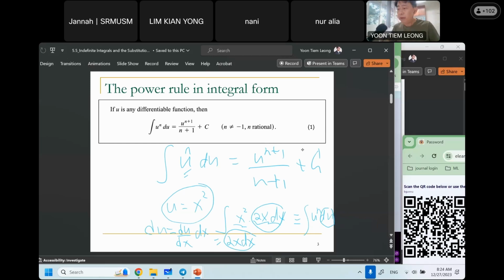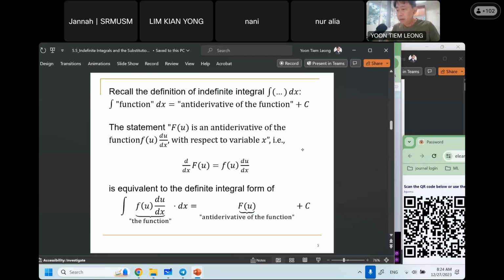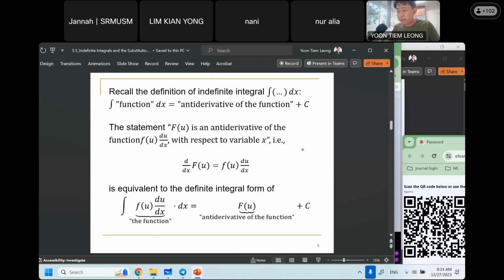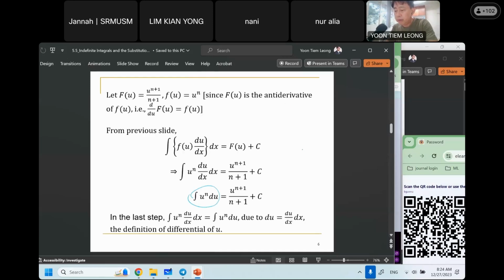So first of all, I would like to derive the power rule. These are the derivations of the power rule in integral form. Finally, we'll arrive at this very simple relationship that u to the power n integrated with respect to u is given by this.